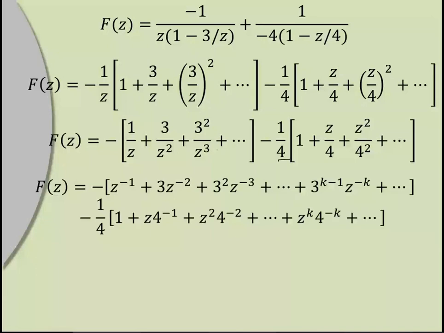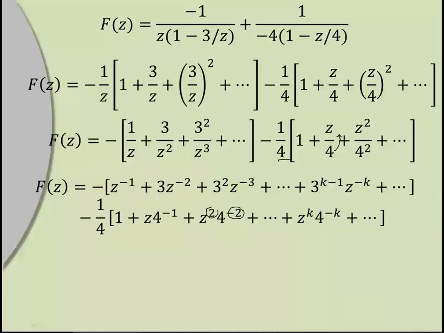So it will be z raised to minus 1, 3 z raised to minus 2, 3 square z raised to minus 3, like that. The kth term will be 3 raised to k minus 1 z raised to minus k plus dot dot dot. This 4 you take into the numerator, 4 raised to minus 1, so it becomes 1 plus z 4 raised to minus 1, z square 4 raised to minus 2, and for the kth term, both the powers are the same, so the kth term will be z raised to k 4 raised to minus k.